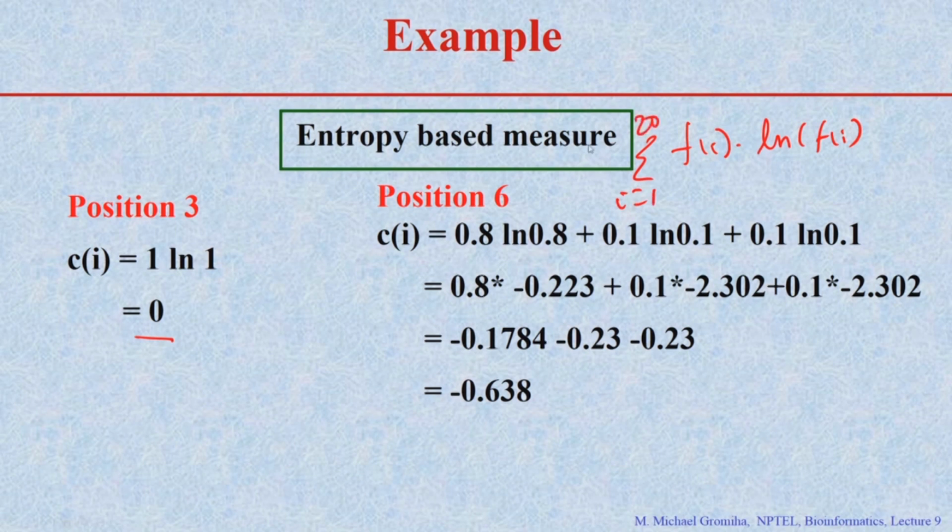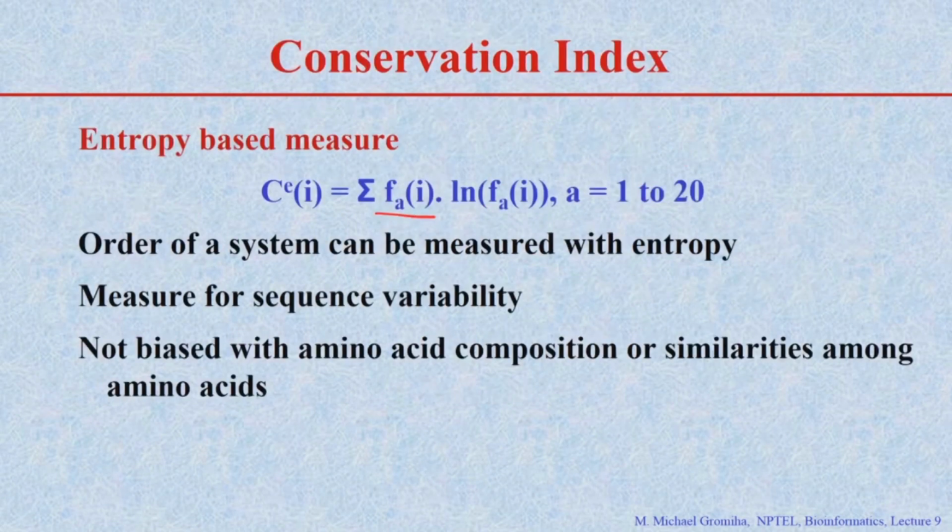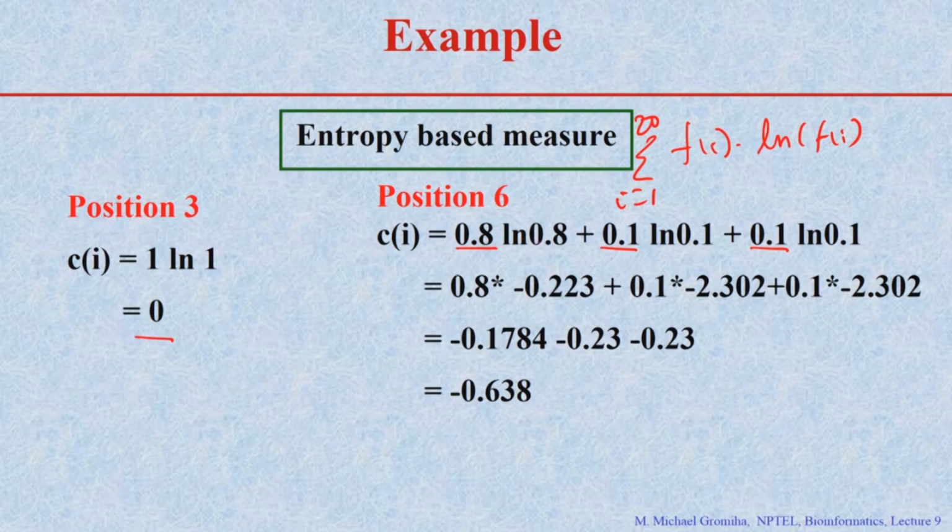Here we have only 3 amino acids, with frequencies 0.8, 0.1 and 0.1. So we calculate the conservation score: 0.8 into logarithm of 0.8, plus 0.1 logarithm of 0.1, plus 0.1 logarithm of 0.1. We substitute the numbers and finally get a conservation score of 0.638.